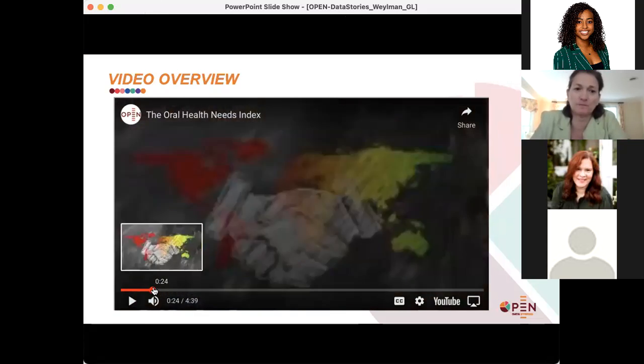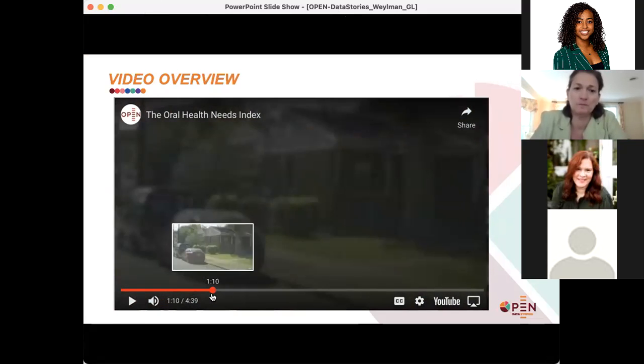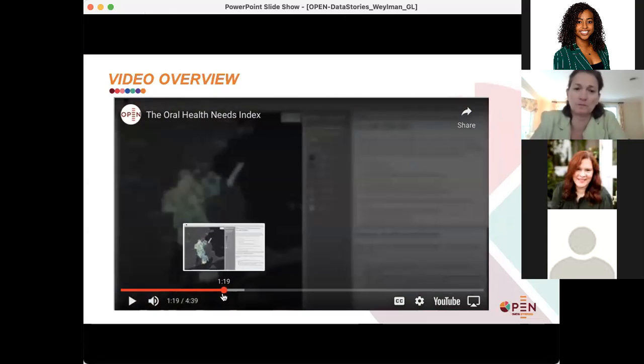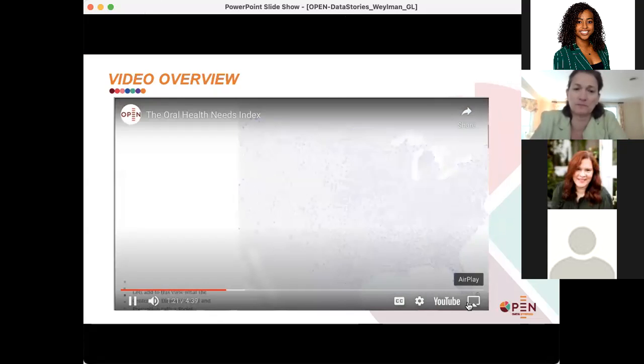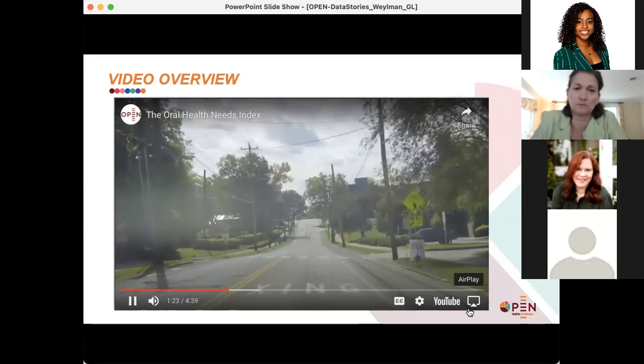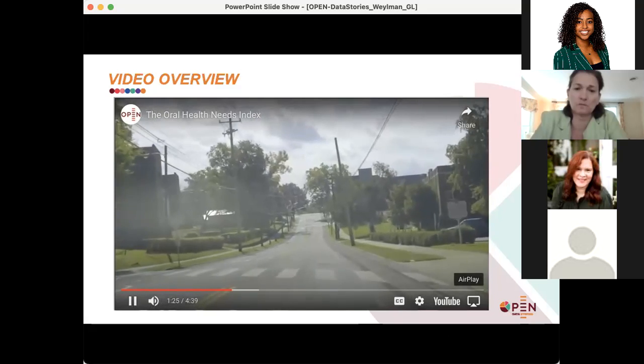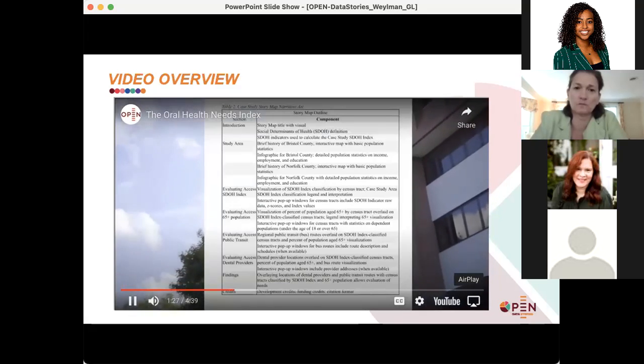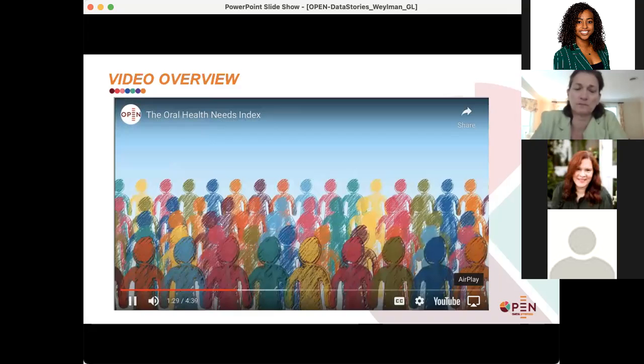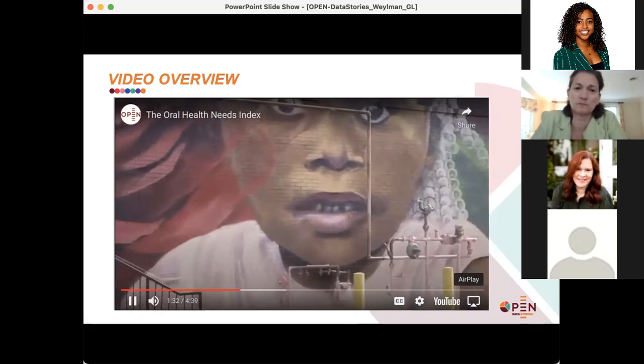Hello, everyone. Dashboards and story maps. Factors important to each community story map are variables and data sets added by community organizations and community members. They tell their own stories.